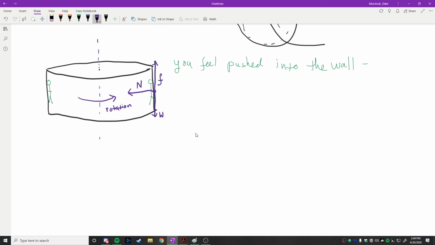But the normal force is the one that, if I sum up all the forces acting on this system in the radial direction, pointing toward the center, should be equal to the mass of my object times the acceleration in the radial direction, which is m times what we just learned, v squared divided by the radius, where the radius is this radius here. The force you feel is actually the normal force.